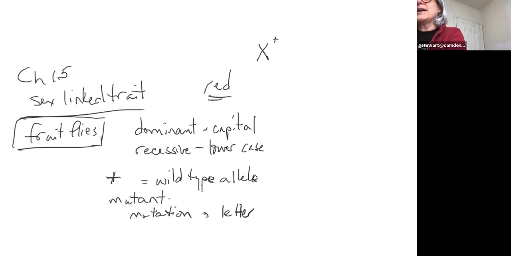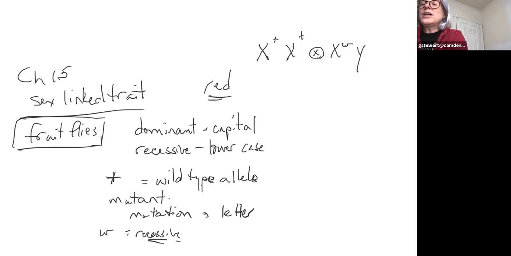So a homozygous red-eyed female would be designated like that. And I'm going to put a little circle around the X so it doesn't look like one of the sex chromosomes. And then if we had a white-eyed male, I'm trying to make that look like a lowercase w, because white eyes happens to be a recessive mutation.